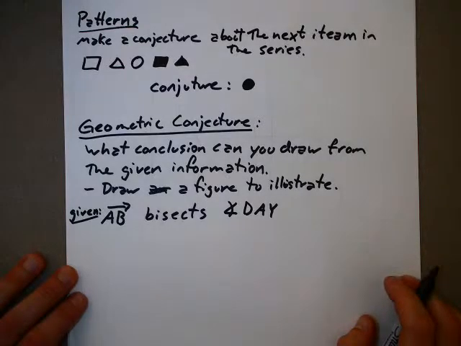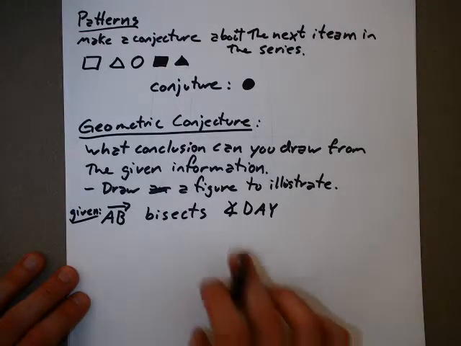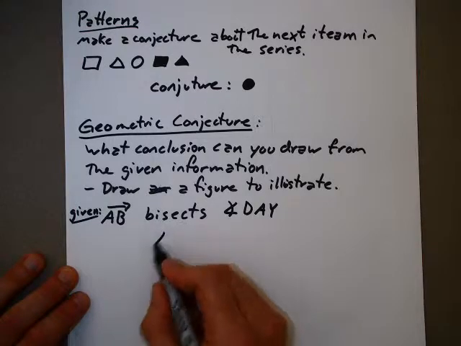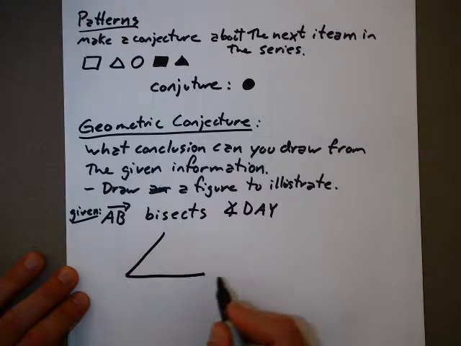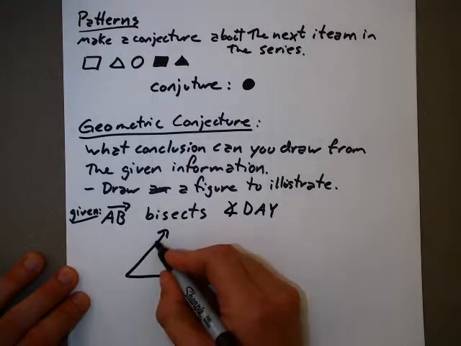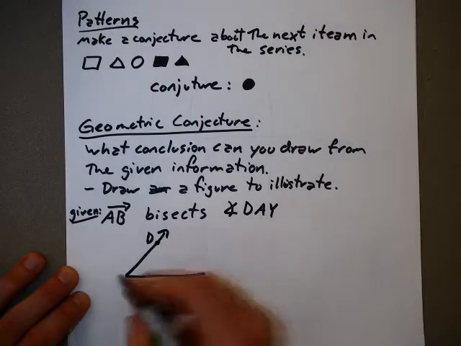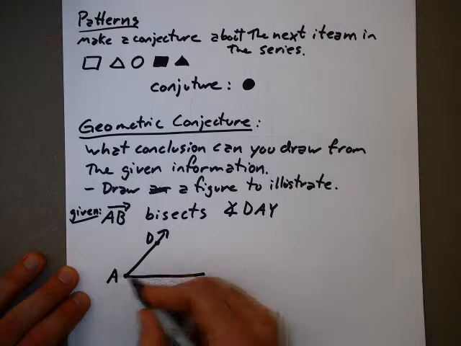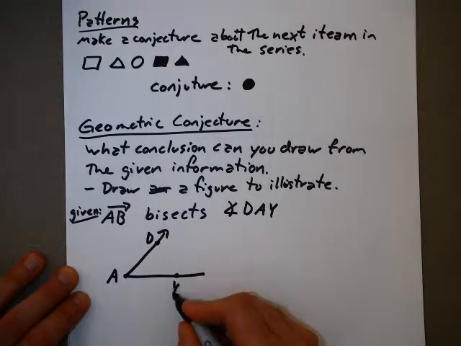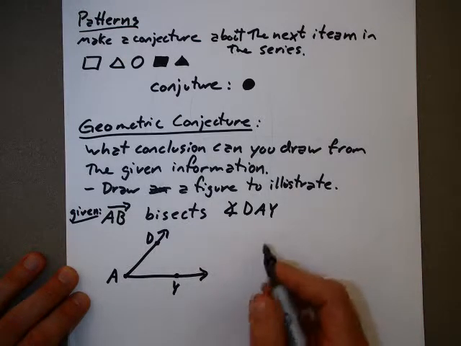And you would have to come up with some sort of conjecture. But in order to help us get there, we're going to draw an illustration. First thing I'm going to do is draw angle D, and I know that A is my vertex, and Y. Okay.